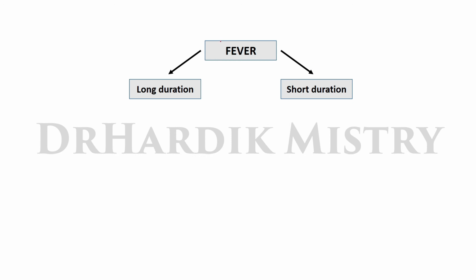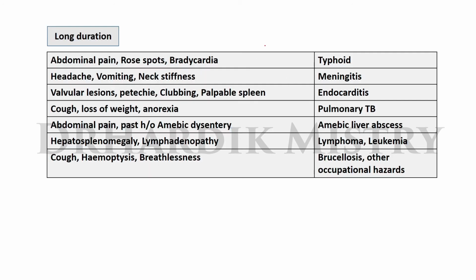When the fever happens, how are we going to classify and differentiate different types of fever? First we have to see the duration of the fever. We have to note down whether the fever is of long duration or short duration. So first we are going to see the long duration of fever.